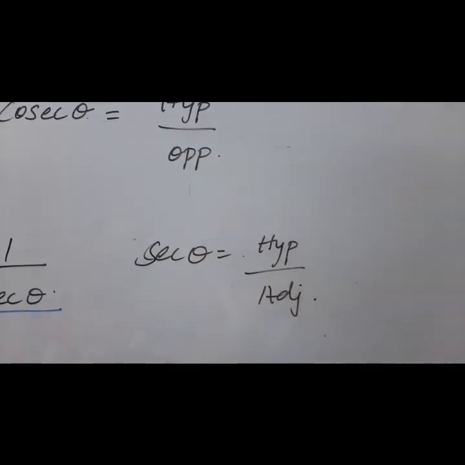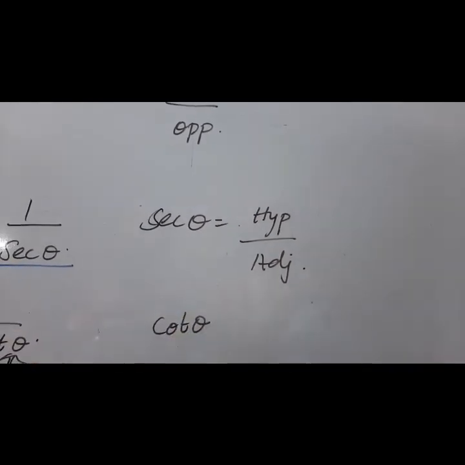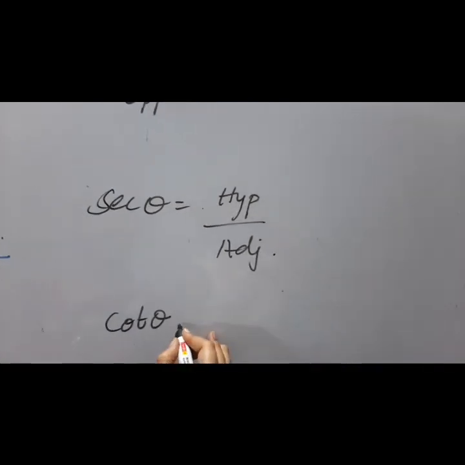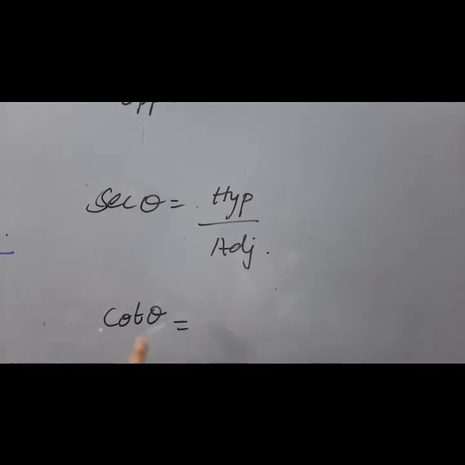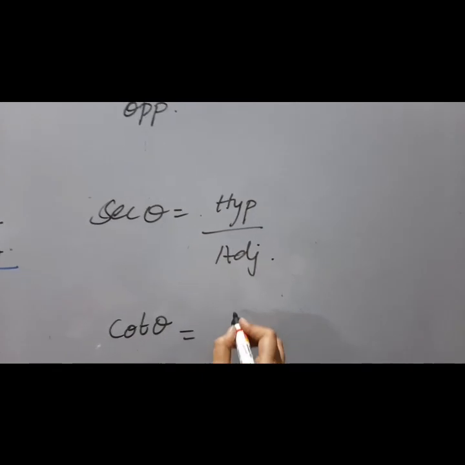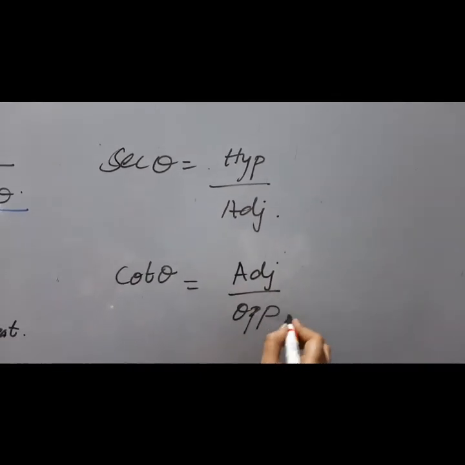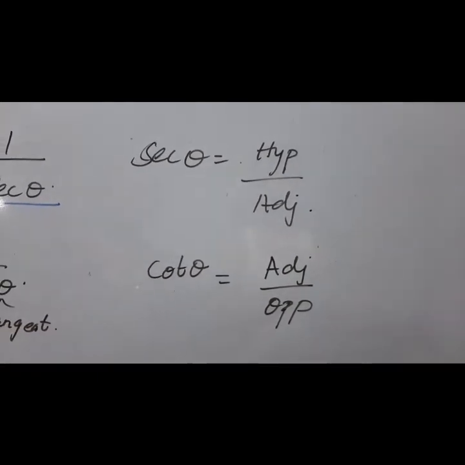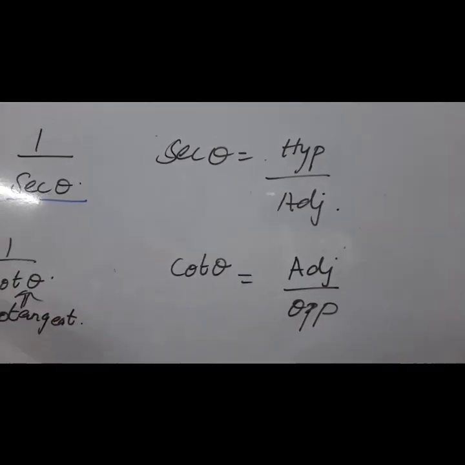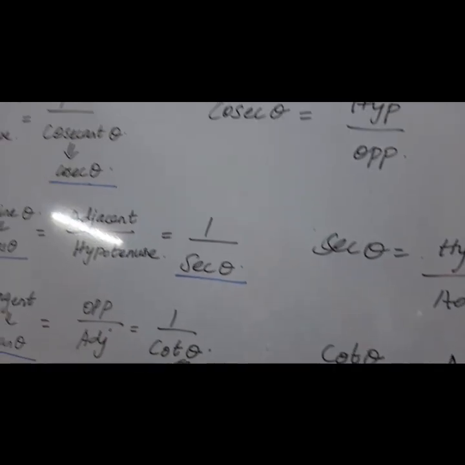And your last trigonometric ratio is cot theta. Cot theta is the reciprocal of tan, so it can be written as adjacent upon opposite. So there are 6, out of which 3 are reciprocal to the other 3.